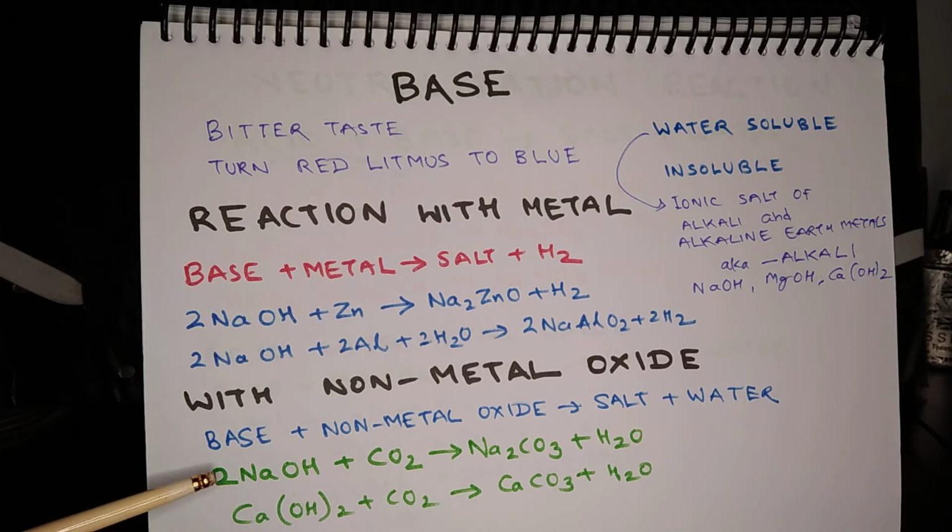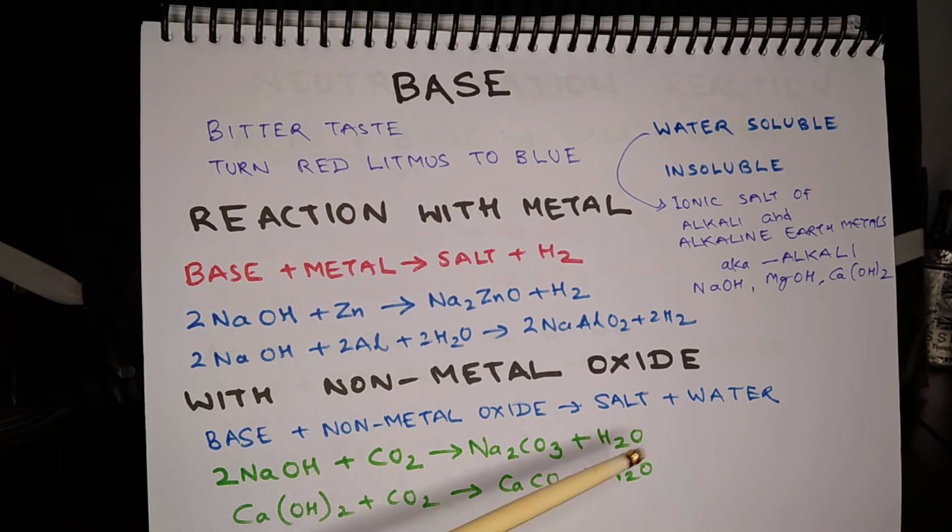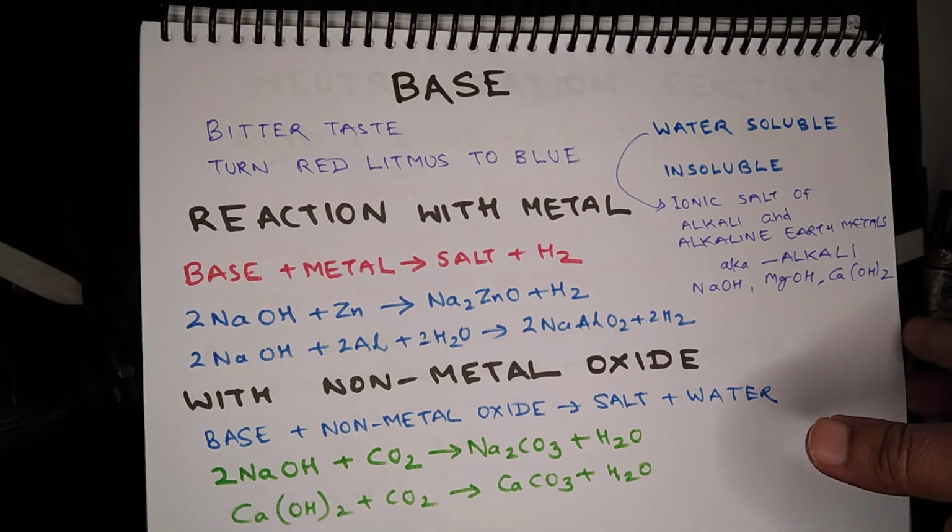The equation is 2NaOH + CO2 = Na2CO3, that is sodium carbonate, + H2O. When calcium hydroxide reacts with carbon dioxide, it gives calcium carbonate. The equation is Ca(OH)2 + CO2 = CaCO3 + H2O.